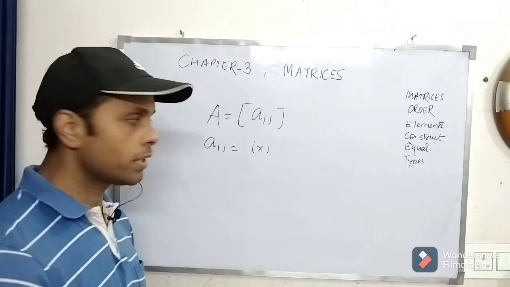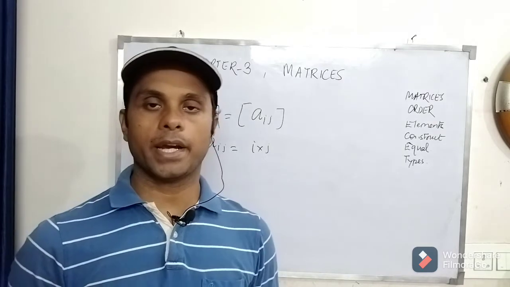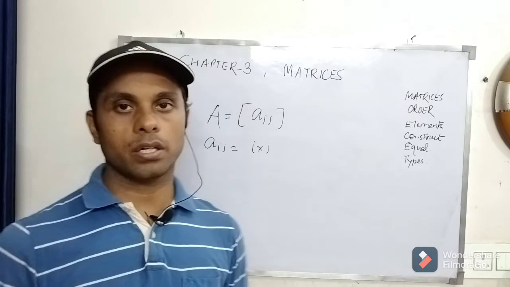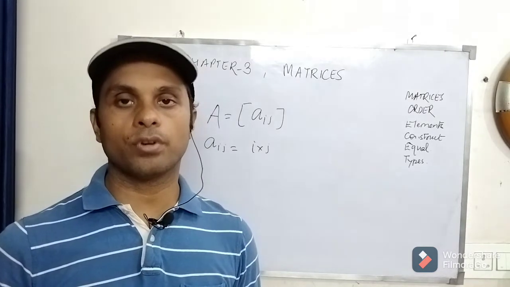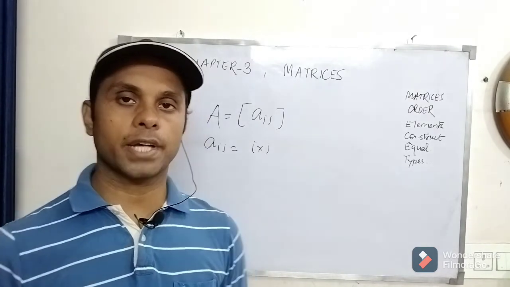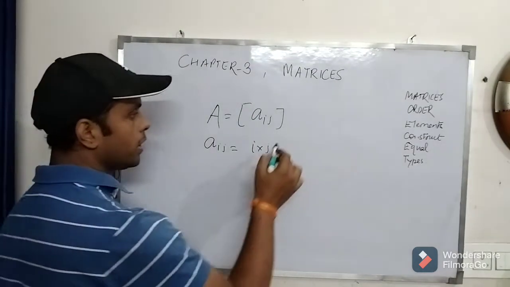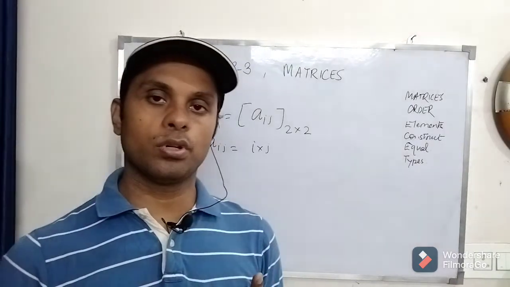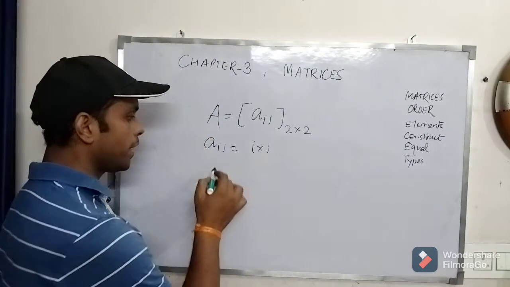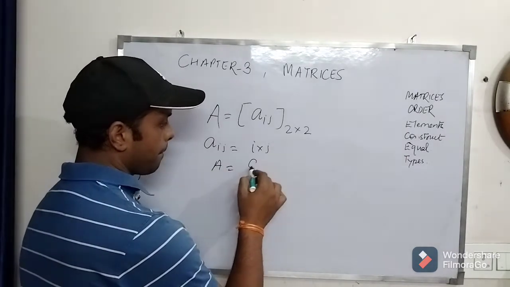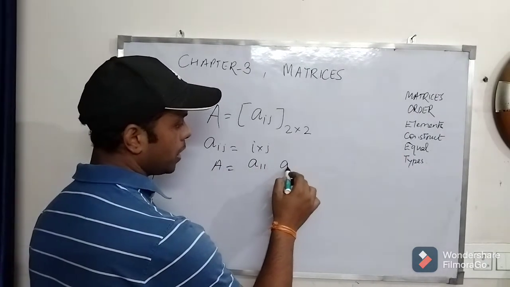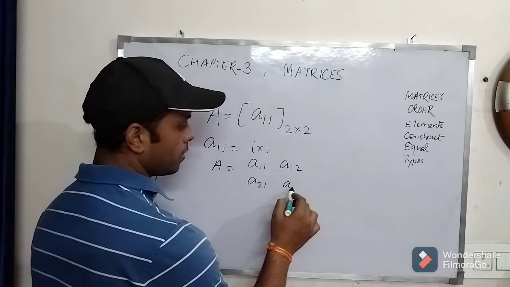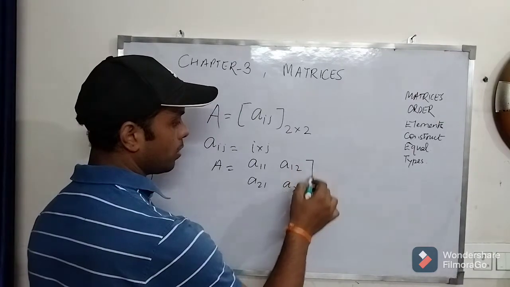Okay, so let us see. First of all, we write all the elements of the matrix of order 2 by 2. So the order is 2 by 2, so there are 4 elements and there are 2 rows and 2 columns. Let us write the first row first element, first row second element, second row first column, and second row second column.